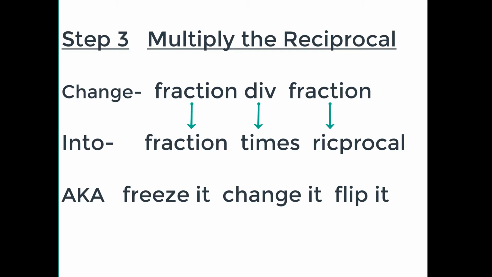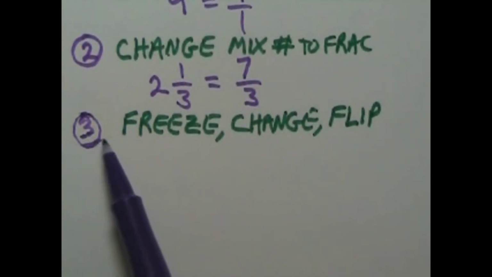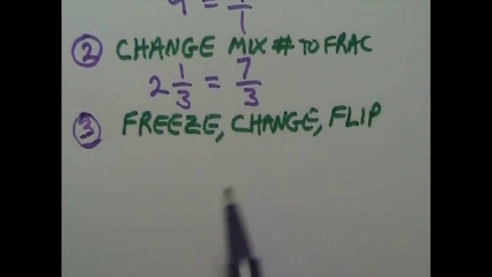Okay, don't write this, but our next step is going to be multiply the reciprocal. In other words, we're going to change a fraction divided by a fraction into a fraction times a reciprocal. It's also known as freeze it, change it, and flip it. Our third step is to freeze, change, and flip.